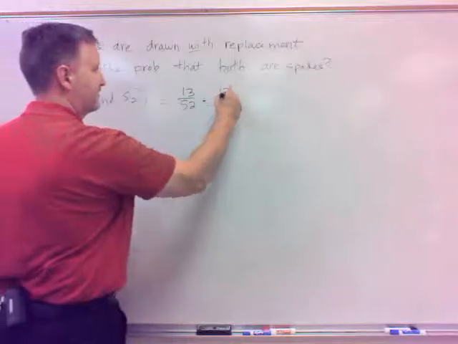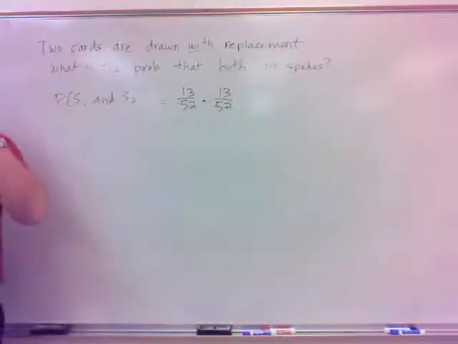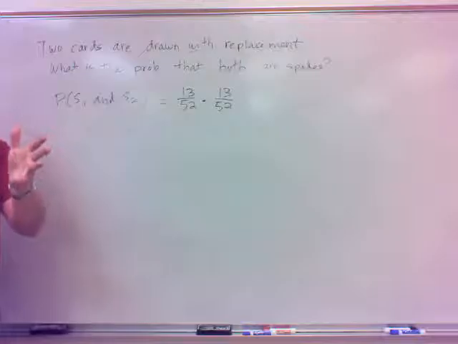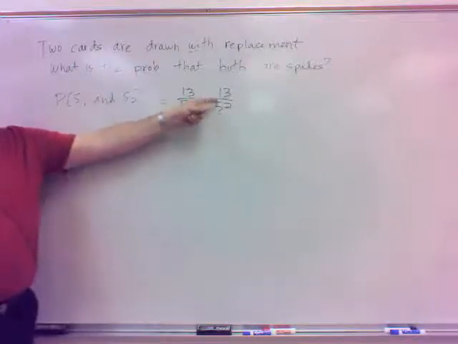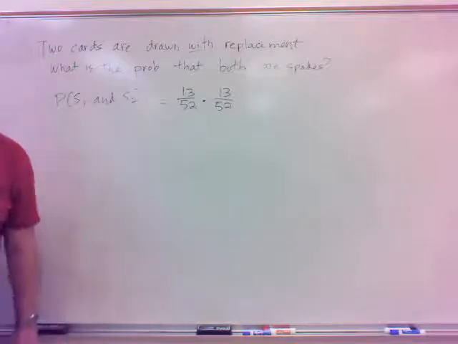See that? Why didn't it drop down here? Because it's with replacement. That was a big change, wasn't it? If this was without replacement, then these numbers go down. But with replacement, I drew the spade, but it went right back in.